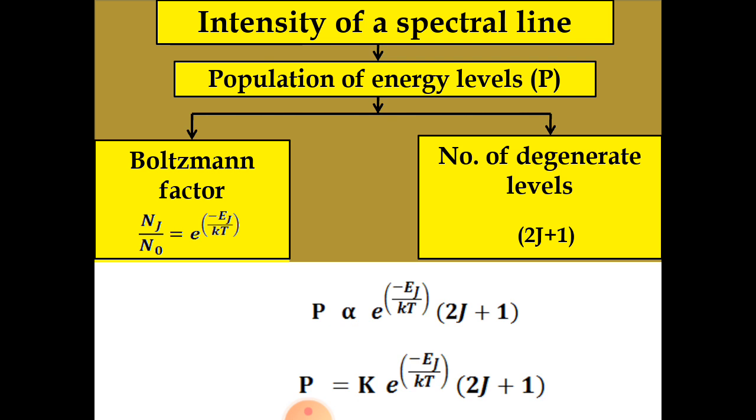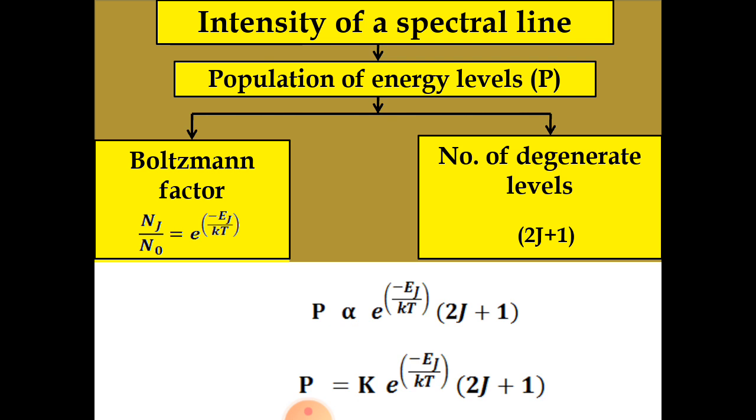This Boltzmann distribution alone does not fit the shape of the spectra. So degeneracy of the energy levels is required. The degeneracy of the rotational levels increases as 2J plus 1. The combination of these two factors gives the relative population at the energy Ej.